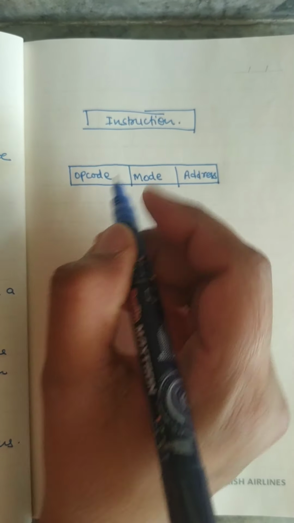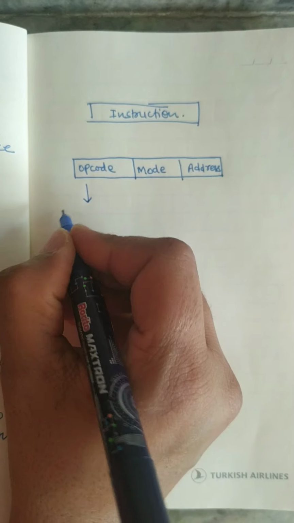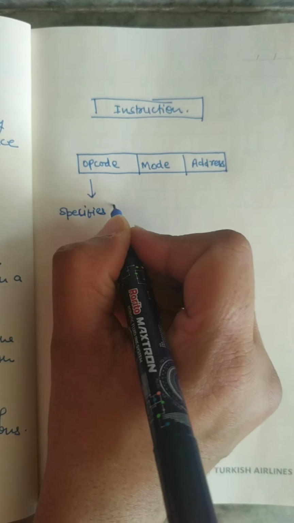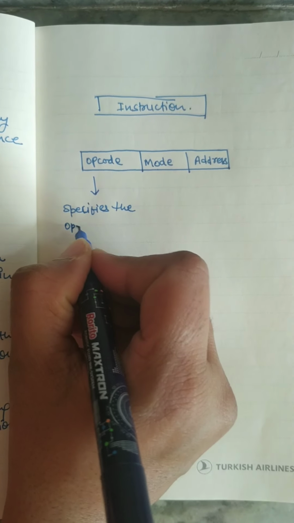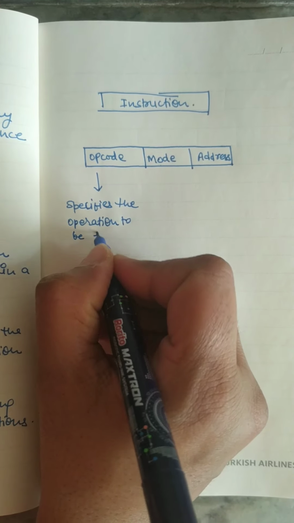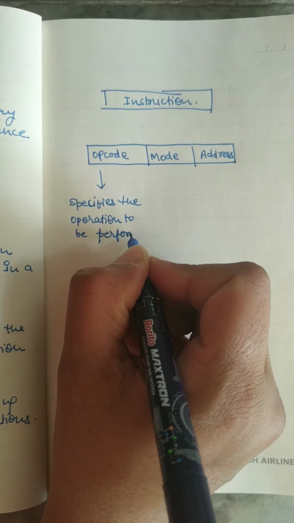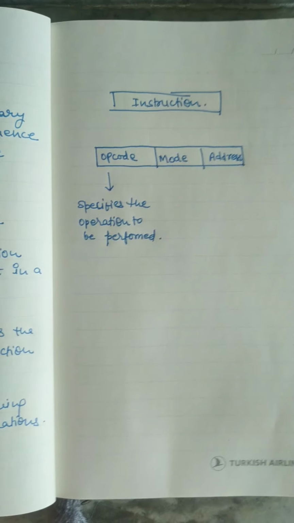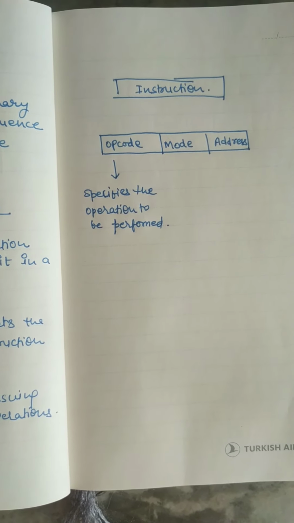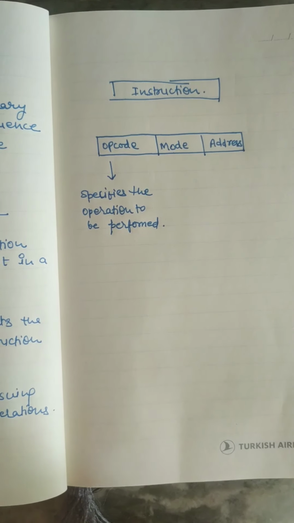The operation code field specifies the operation to be performed. The operation code field of any instruction specifies the arithmetic or logical operation that is to be performed.